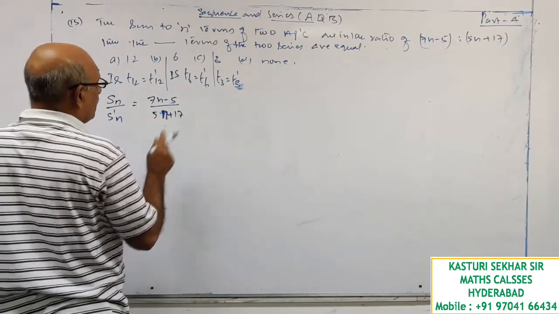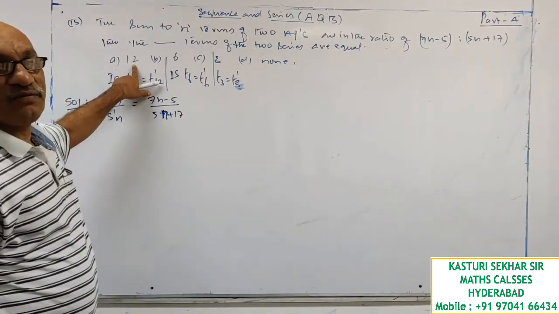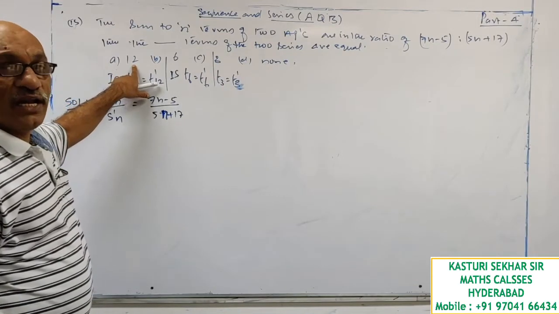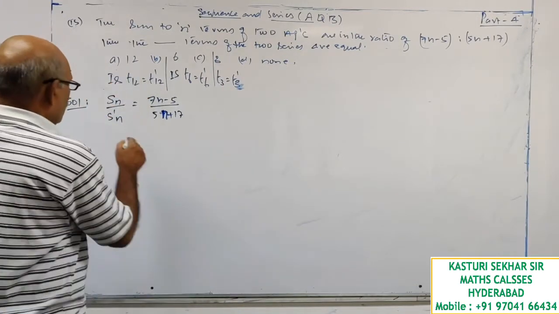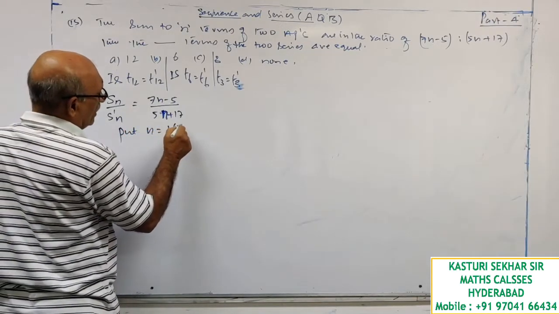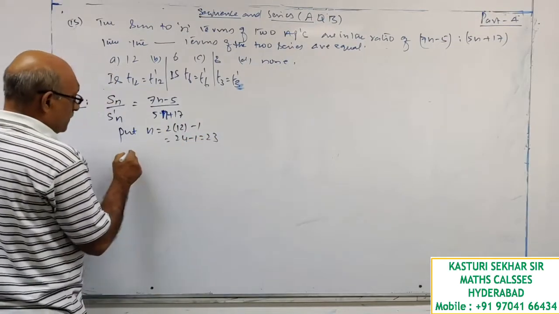Let us see the first objective type. Suppose you want to find the ratio of 12th terms of the sequence. Put n is equal to 2 into 12 minus 1, that is 24 minus 1, 23.